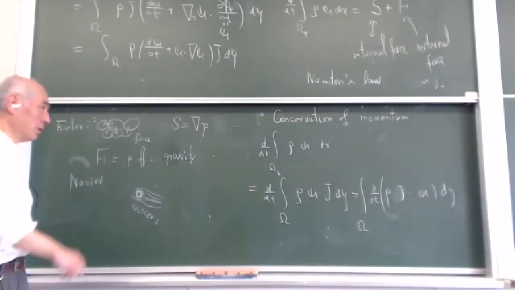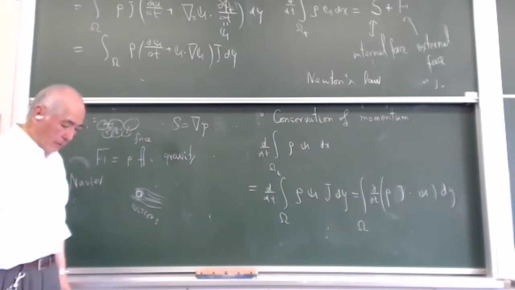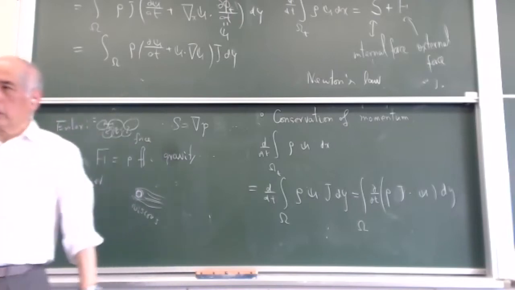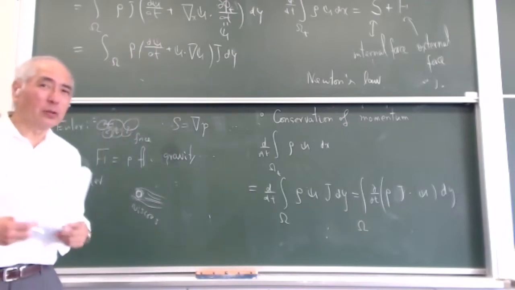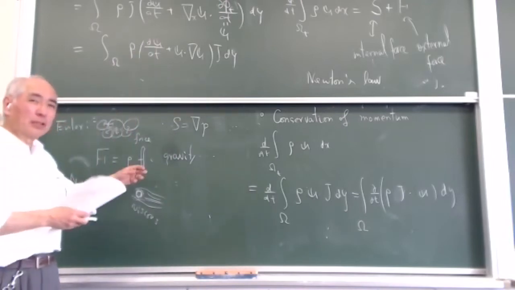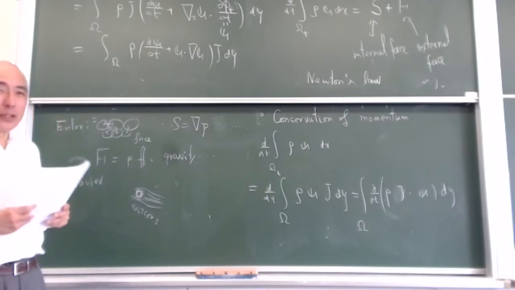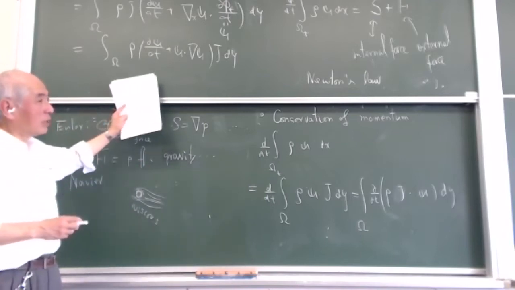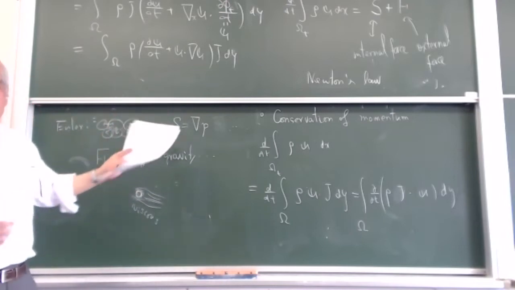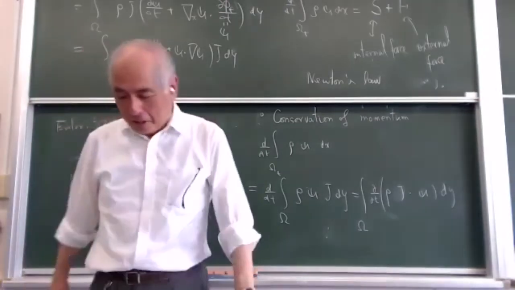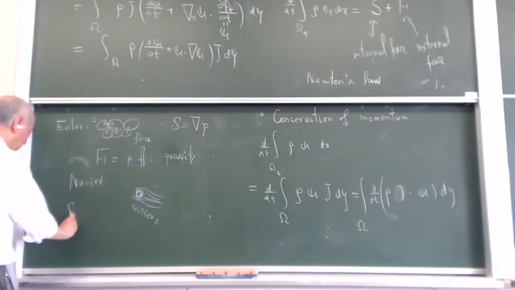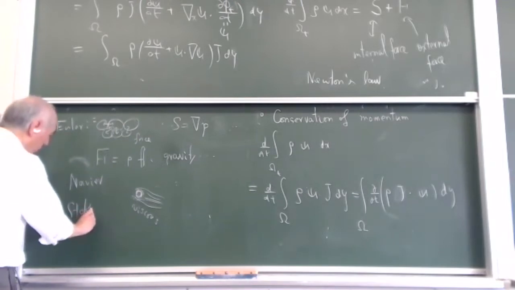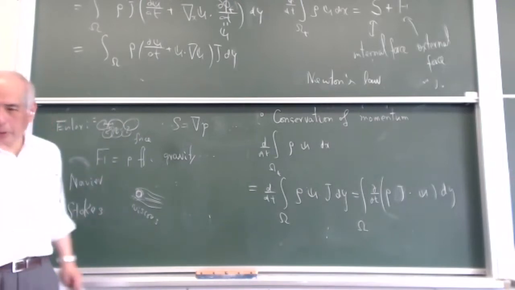After Navier, Stokes gave the correct way to derive the equations. Someone told me this many years ago, and some guaranteed book also wrote it. Maybe yes. Anyway, I follow Stokes. Stokes is a very great mathematician.